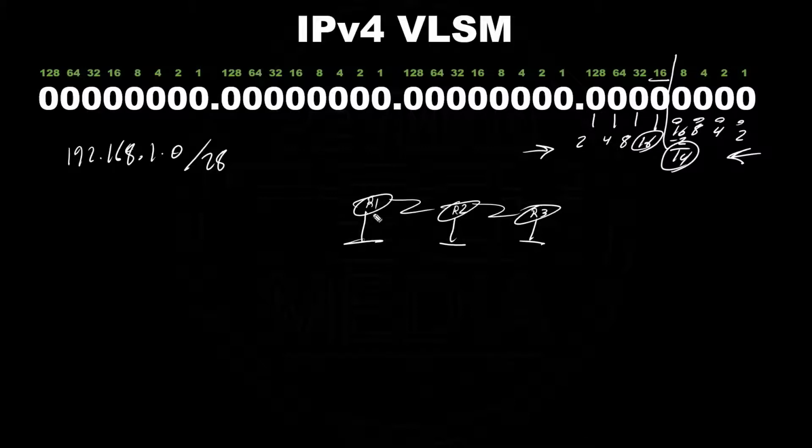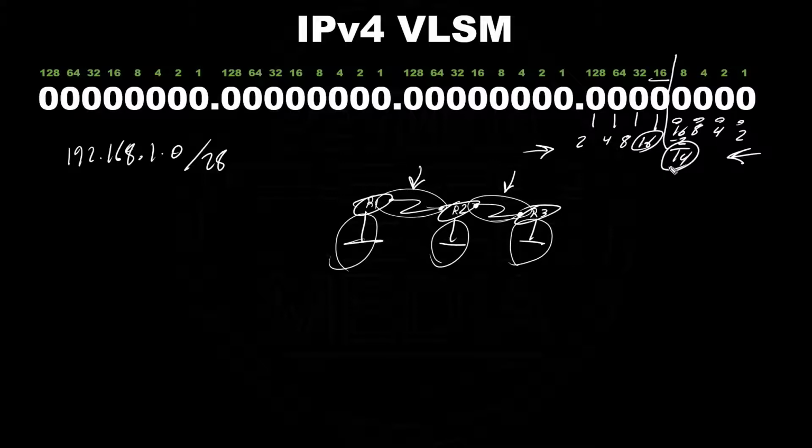So here we have one network here, 2, 3, and of course the point-to-point connections, 4 and 5 networks. So in this network, it's only 2 IP addresses we need, and this network only 2 IP addresses we need.